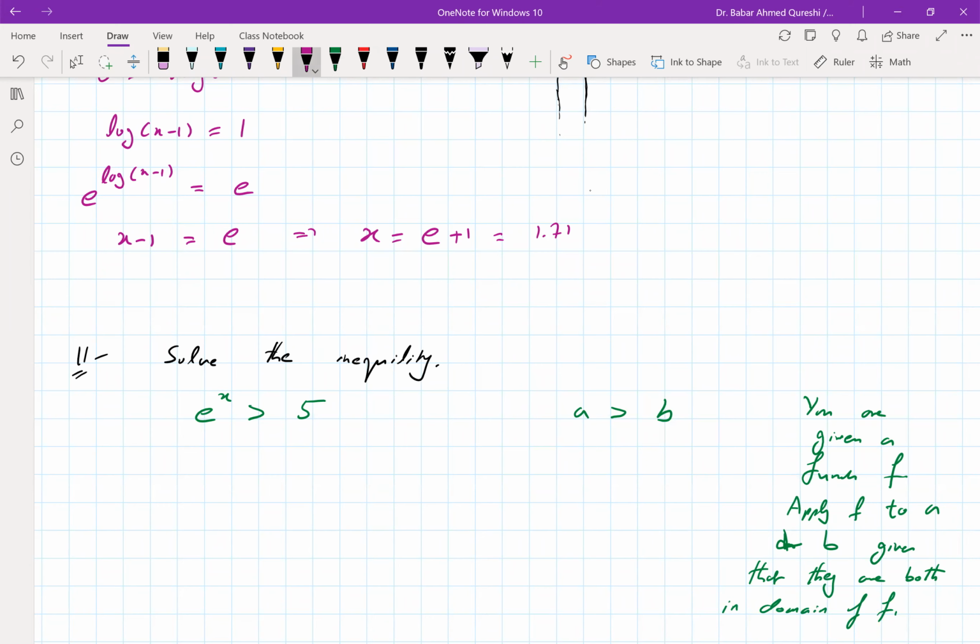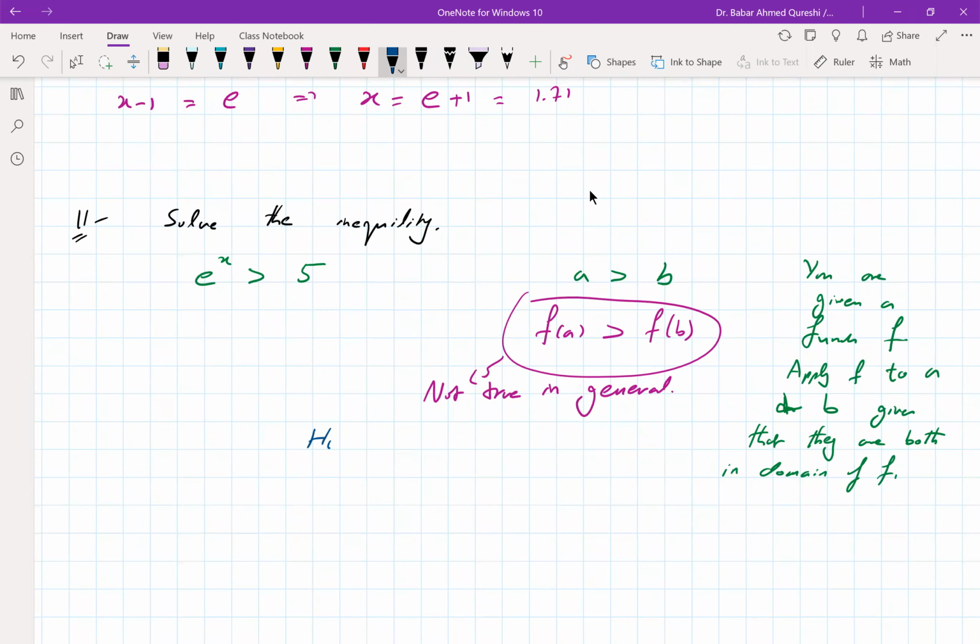If I do that, I get a number f of a, I get a number f of b, but I have no right to say that where f drops the number a is going to be greater than where it drops the number b. Where it maps a and where it maps b, they in general will have no relation to what was the inequality between a and b. If a was bigger than b, f of a could be smaller than f of b. So I have no idea. So this is not true in general.